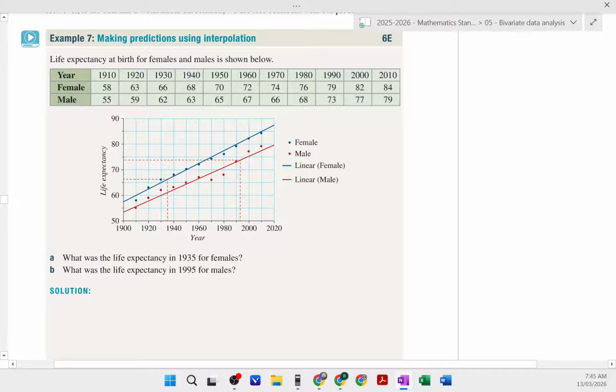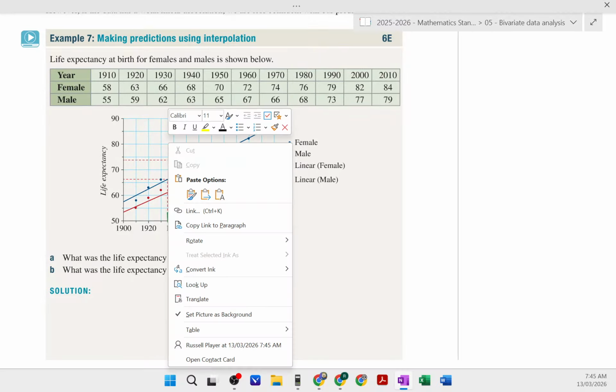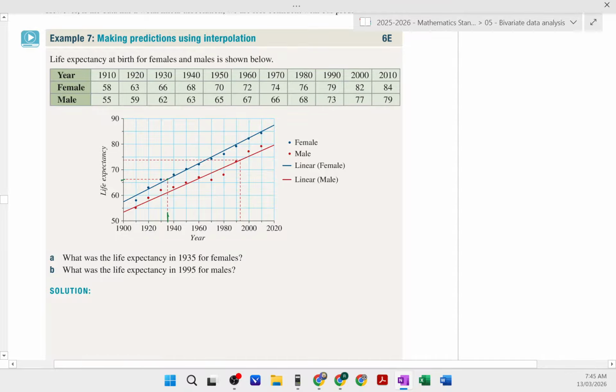But because we've got a line of best fit, we can go across to 1935, work our way up to the line of best fit, and then read across to the life expectancy to give ourselves an answer. In this particular case, there's 60, there's 70, that's 65. It's a little bit above 65, so I will say 67 years. You may say 66. It is open to a little bit of interpretation depending on how accurate your line of best fit is, but anywhere around that will be fine.